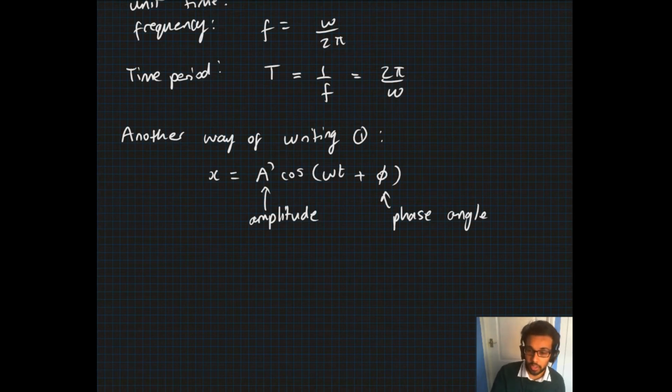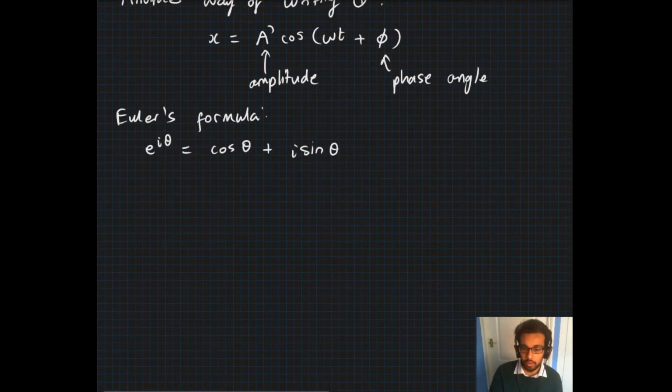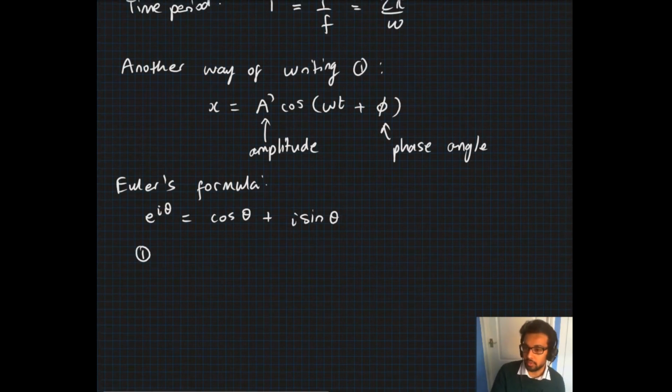So using Euler's formula, which is e to the i theta equals cos of theta plus i sine theta, we can write the general solution of the simple harmonic motion equation in the following form. So let's label this as 1 prime.